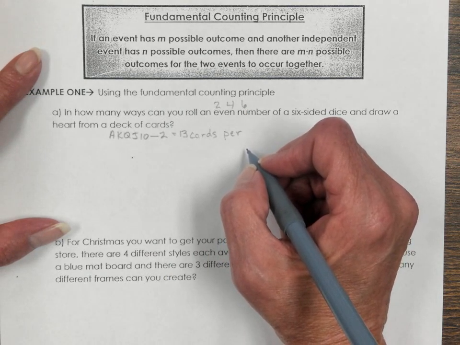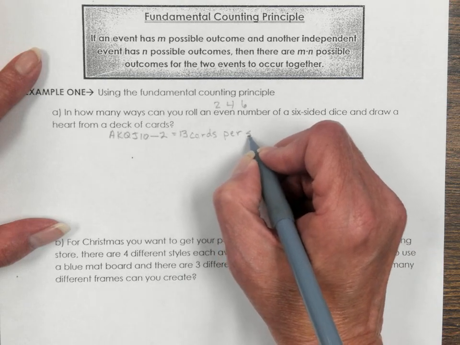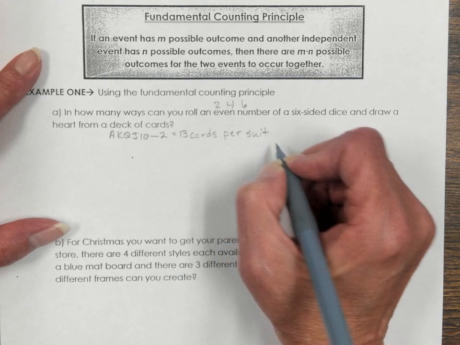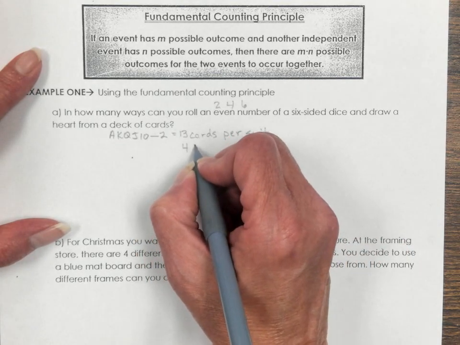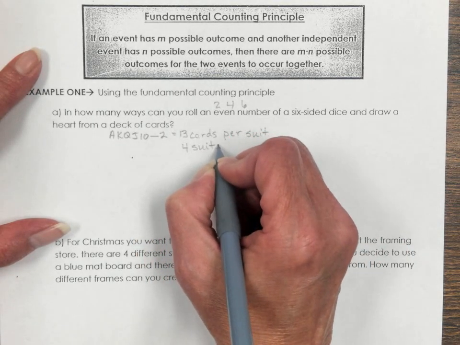Hearts, diamonds, clubs, and spades. Suits. That's what we called them. And there are 4 suits in a deck.